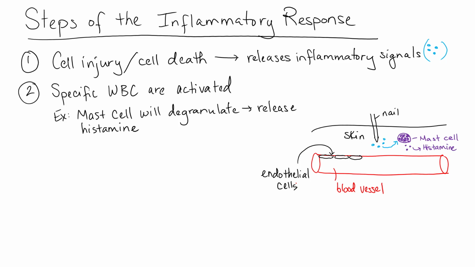And the histamine interacts and binds to the endothelial cells. And when it does that, it causes the blood vessels to become leaky, we say. It actually causes the blood vessel to form little gaps in between the endothelial cells. We call that process vasodilation.